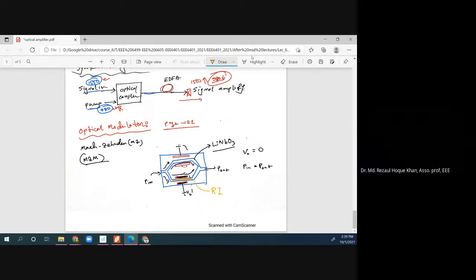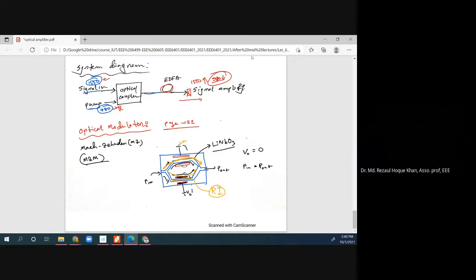This is a voltage dependent refractive index. For example, I apply voltage here and did not apply any voltage here. Here no voltage is applied, so the signal goes as usual. The other signal, the same version, when it goes through this way, the refractive index changes. If the refractive index increases, the speed of light decreases.